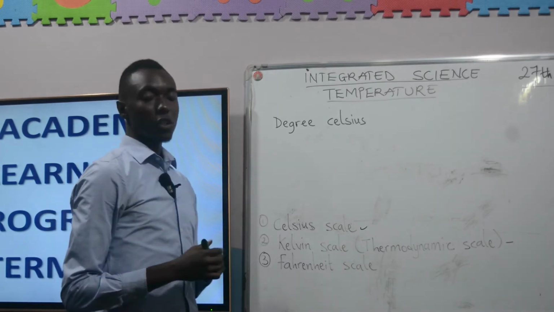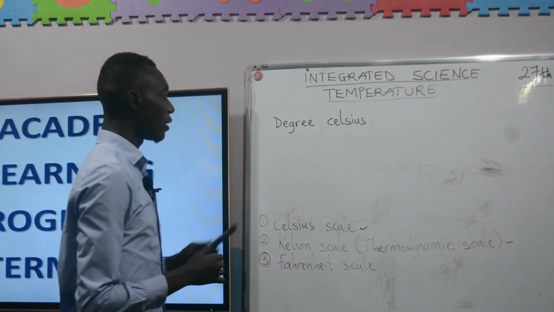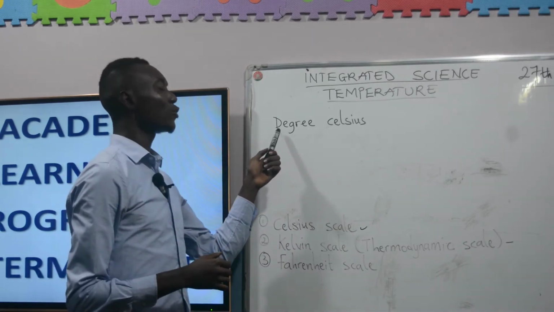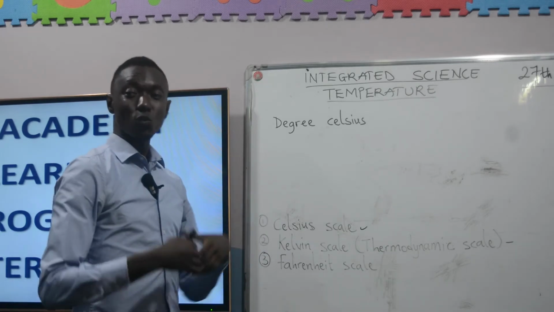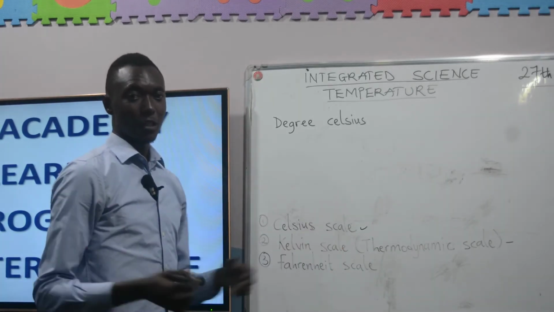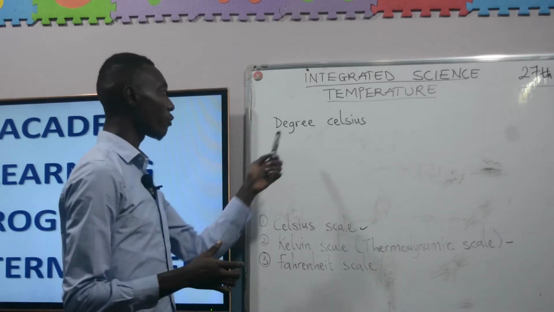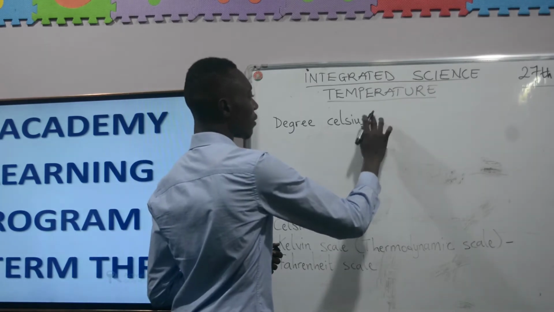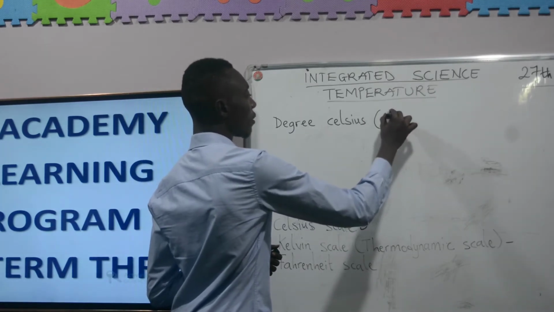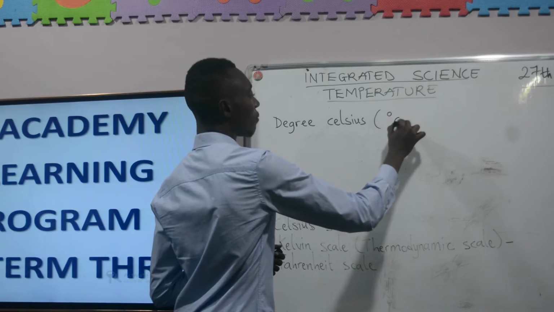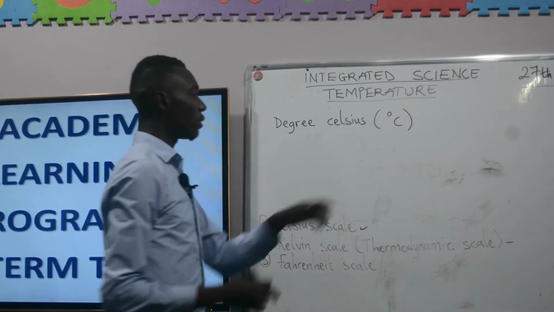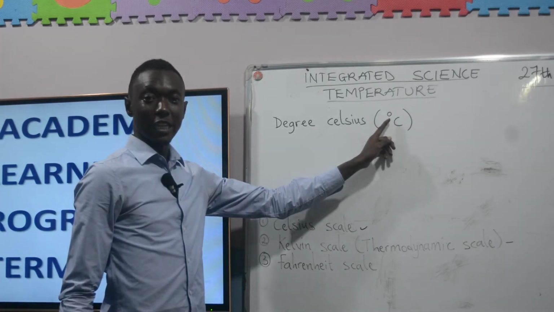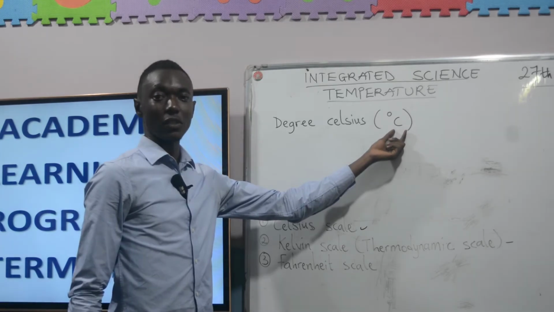This degree Celsius I'm talking about cannot be written in full. Sometimes when you try to write certain things in full, it makes whatever you are doing bulky. Therefore, we have a short way of writing degree Celsius, which is this: the small o you see up there stands for degree, whereas the C stands for Celsius.